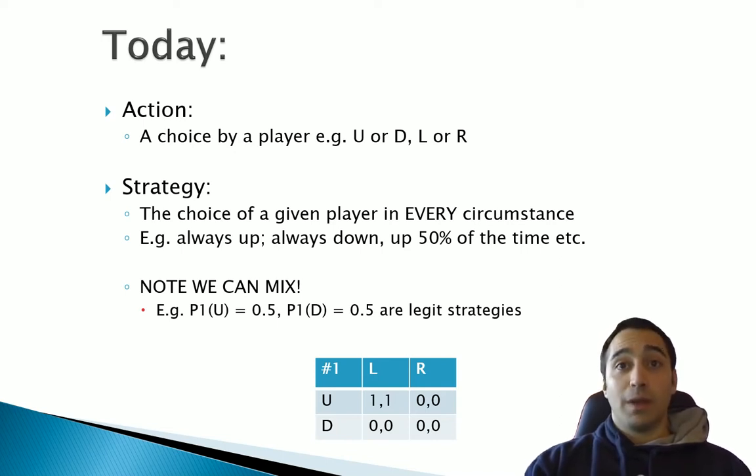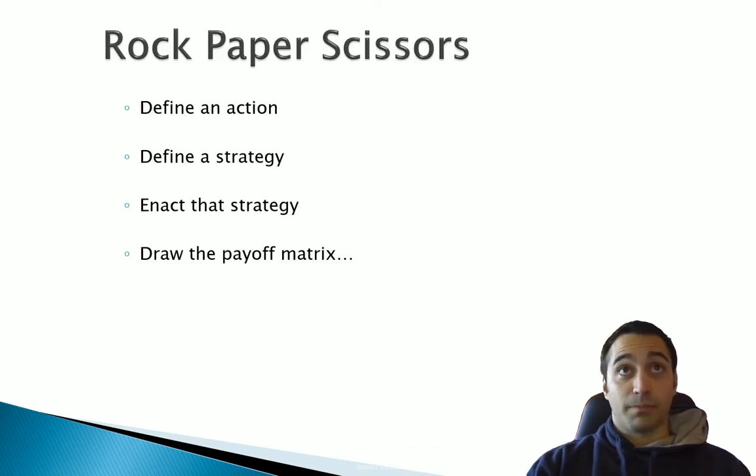However, note that you can mix, i.e. always play up, always play down, and flip a coin becomes a much bigger option set, right? We could say, let's play up with 0.1%, let's play up with 4%, let's play up with 25%, and then play down the rest of the time.